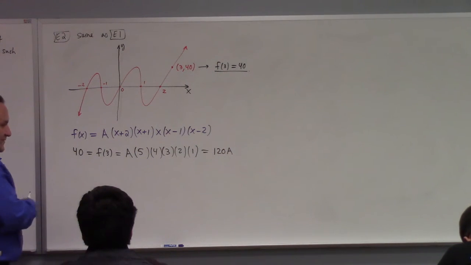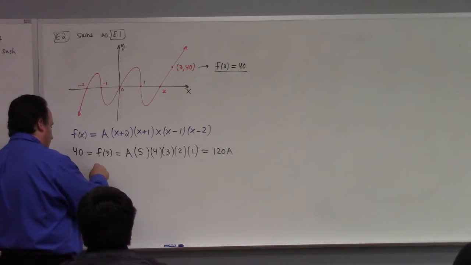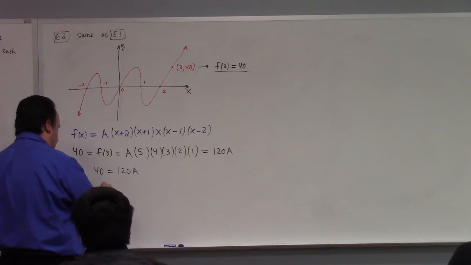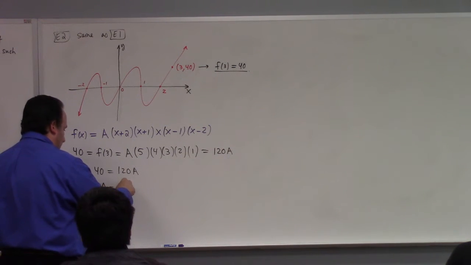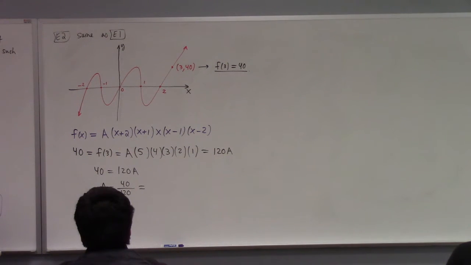That's 5 factorial. But anyway, it's 120. And so what do we got? 40 equals 120a. A equals 40 over 120, also known as a third.